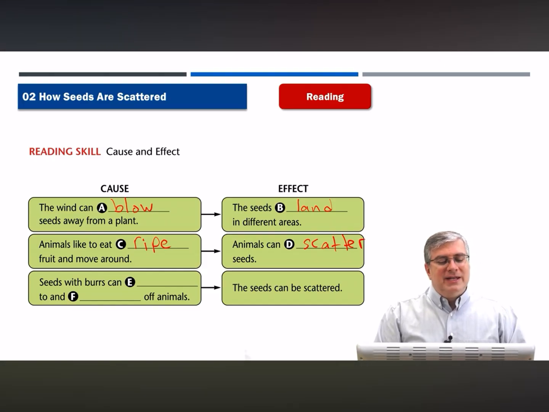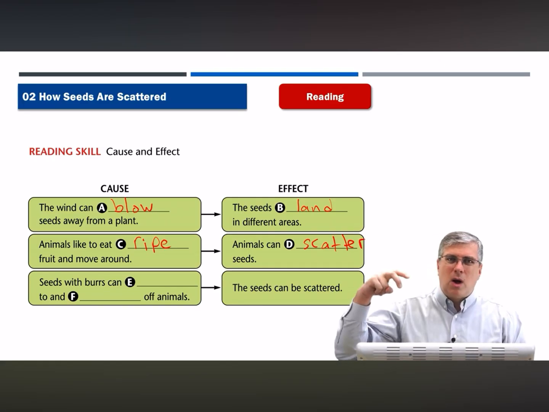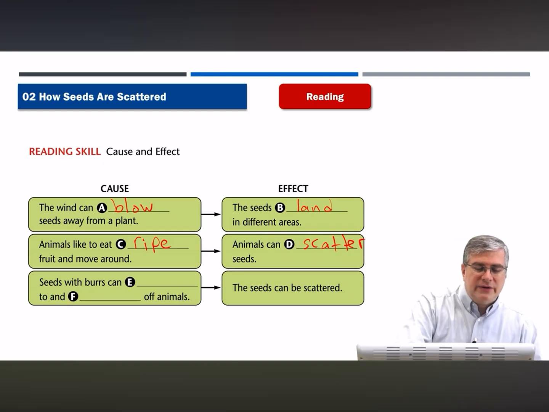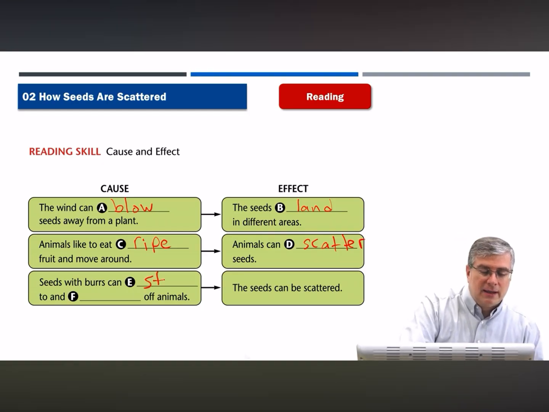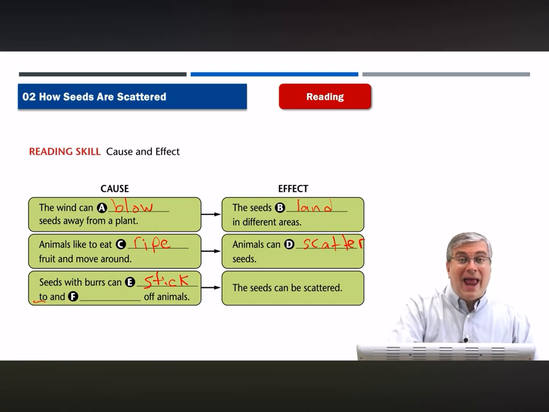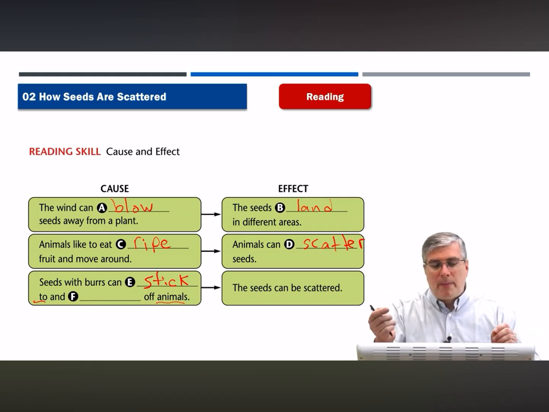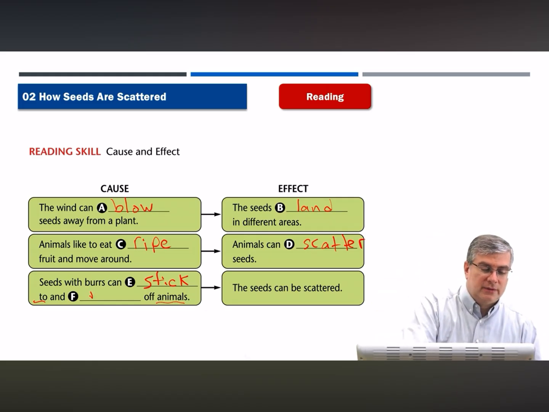Okay, seeds with burrs can what? Okay, remember, if you're walking through a field, there's a lot of grass, those burrs do what? They stick to you. So seeds with burrs can stick to and drop off animals.